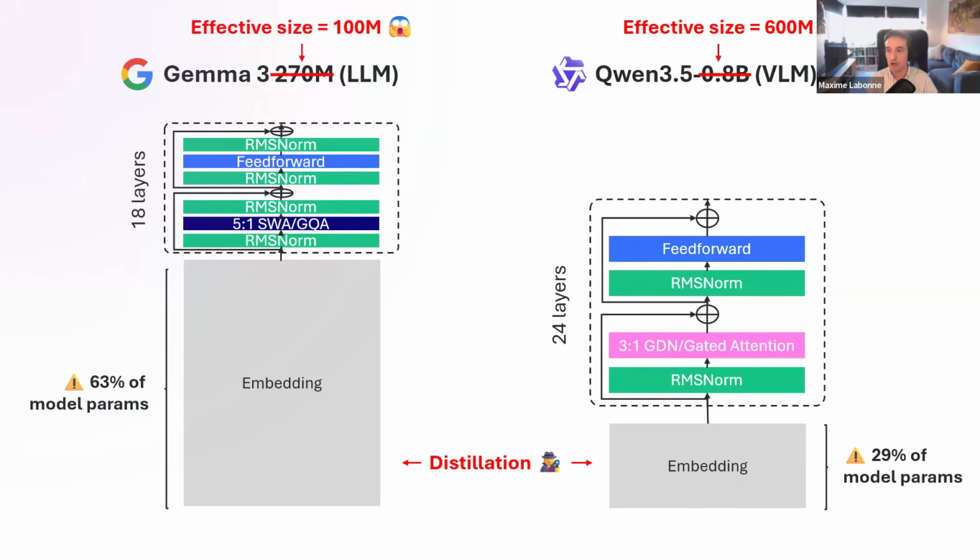But it means that in practice, the effective size of these models is very small. If you look at Gemma 3, it's mostly 100 million parameters that are actually used for reasoning and not just for embedding. And for Qwen 3.5, it's about 600 million parameters. So that means that the model will have fewer parameters to reason with, and it means that the quality will suffer.